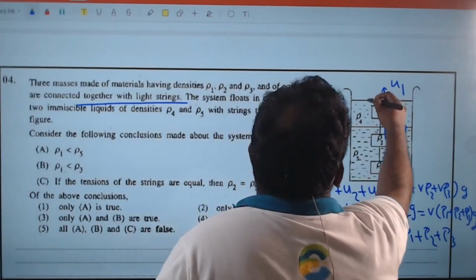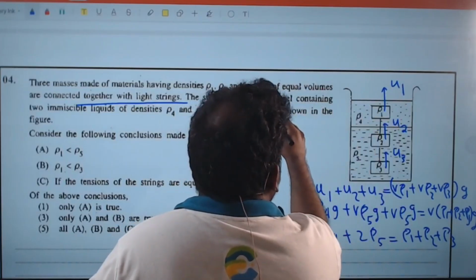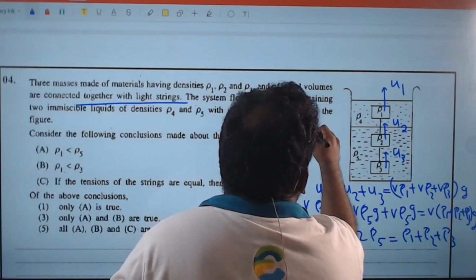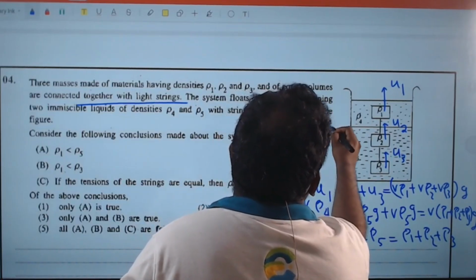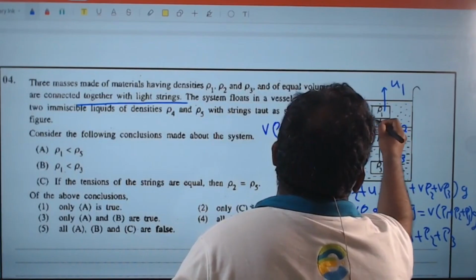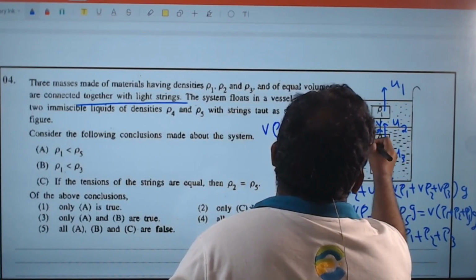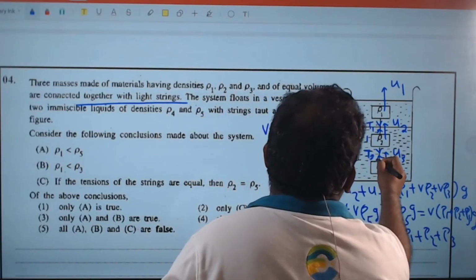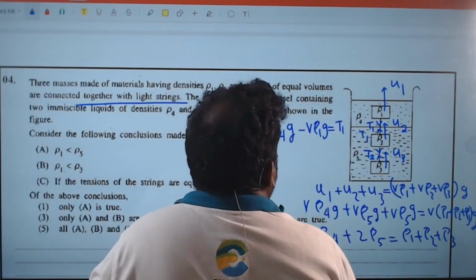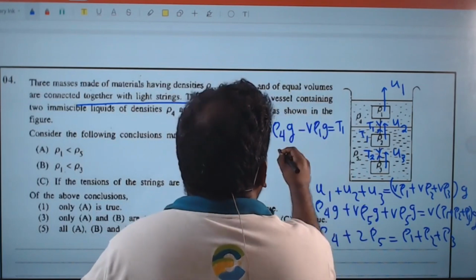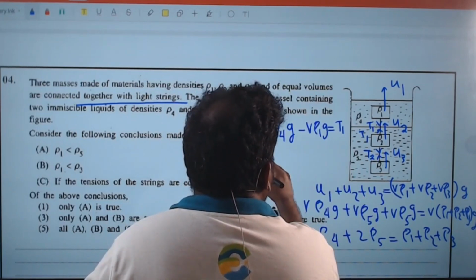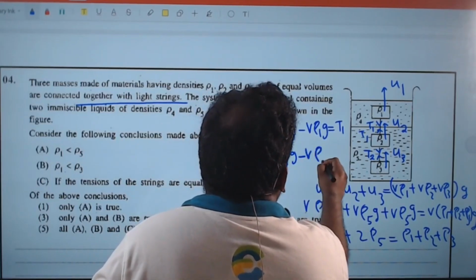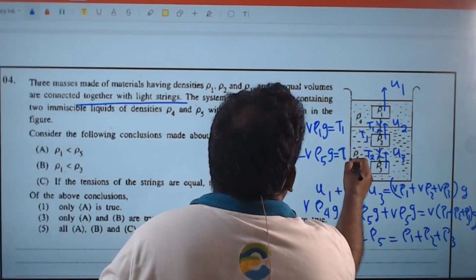If I take this separately, V ρ4 G minus V ρ1 G is equal to tension T1. Tension T2 is V ρ3 G minus V ρ5 G, that is tension T2.